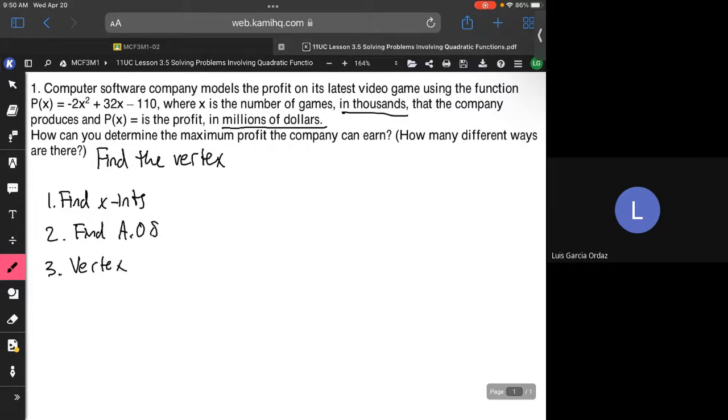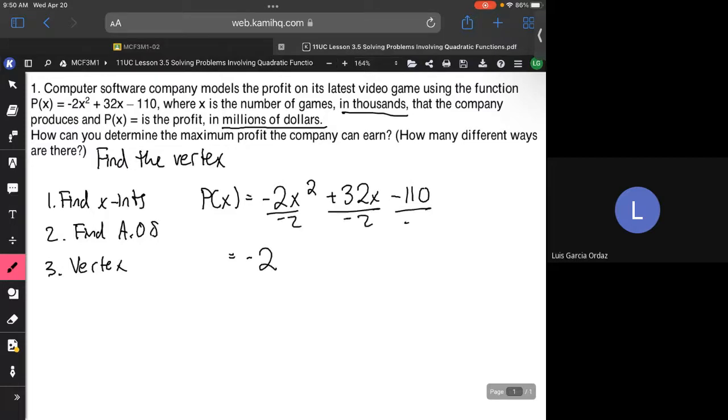So I have my function, p of x is equal to negative 2x squared plus 32x minus 110. So before we do anything that has to do with sum and product, what do we need to do first, Olivia? We're going to factor out a negative 2, which means I'm dividing everything by negative 2.